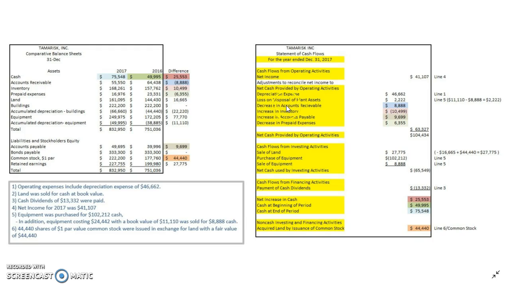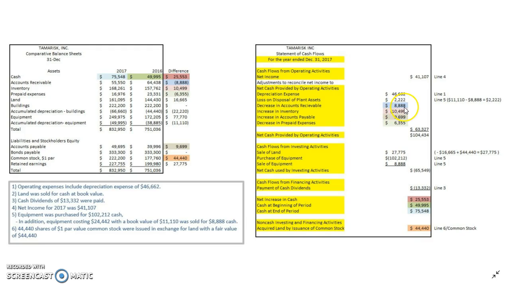Next, we see a decrease in accounts receivable. If you go to accounts receivable here, we'll see that it decreased. In that situation, it's a negative number, but when you apply it to the operating activities, it's $8,888. What this implies is that since the amount went down in accounts receivable, that's a cash flow in.